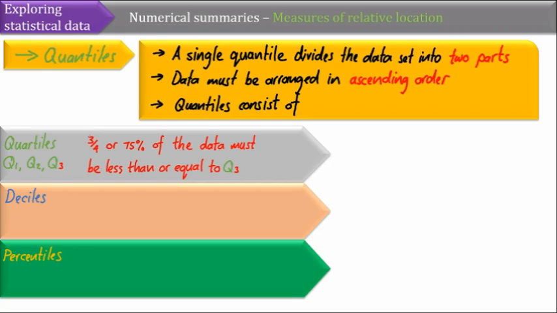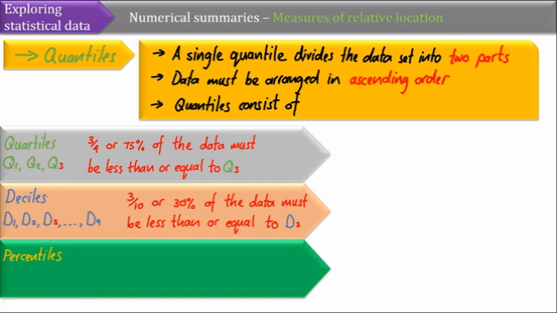And Q1 means that 1/4 of the data, or 25% of the data, must be less than or equal to Q1. So Q1, Q2, and Q3 will be the actual values that we identify on the x-axis, and those values will divide the data set. Q1 separates the lowest 25%, Q2 the lowest 50%, and Q3 the lowest 75%.